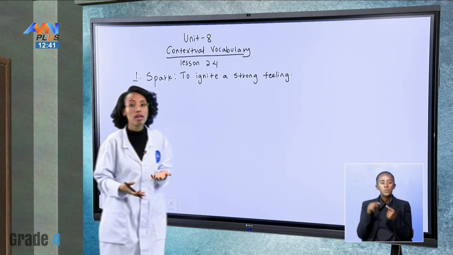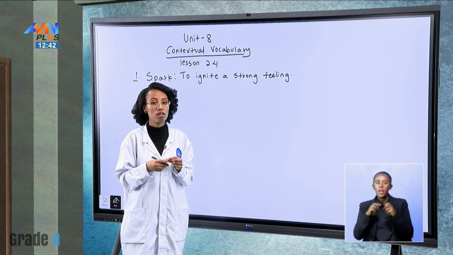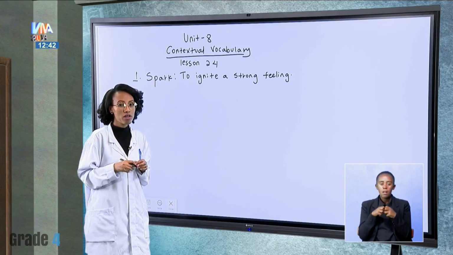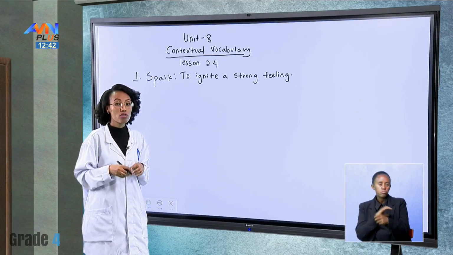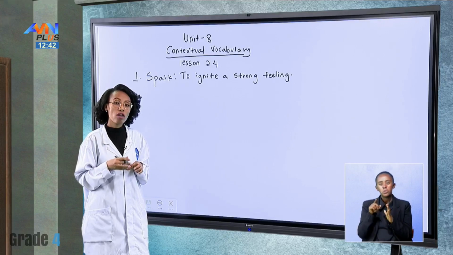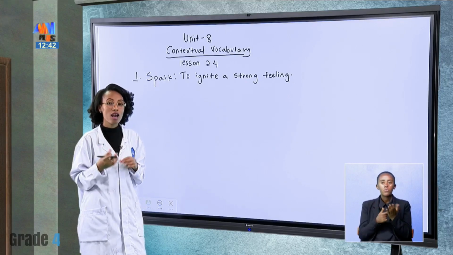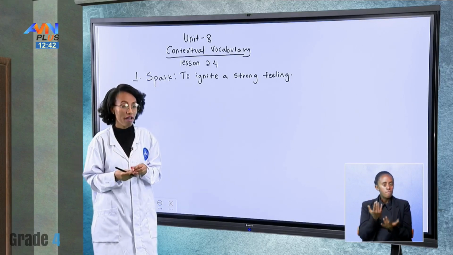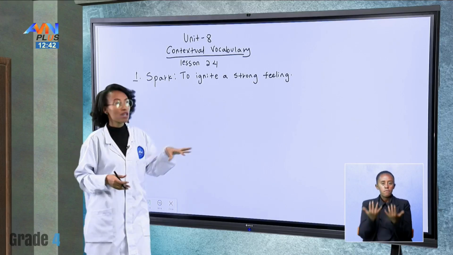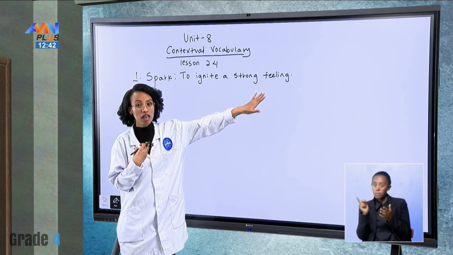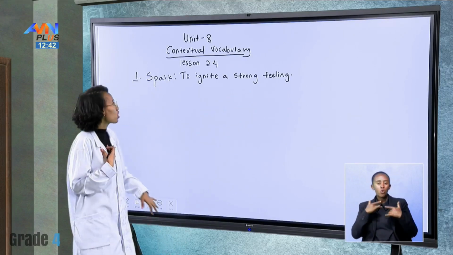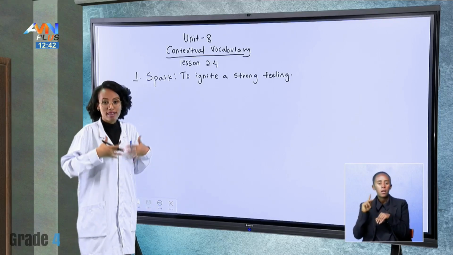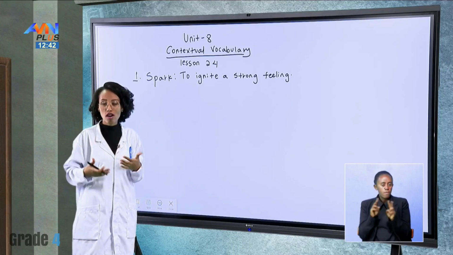It could be different electrical powers, and it could also talk about lighting fire, actual fire. But in this case, we're talking about feeling, our emotions. So, to spark, to ignite a very strong feeling.